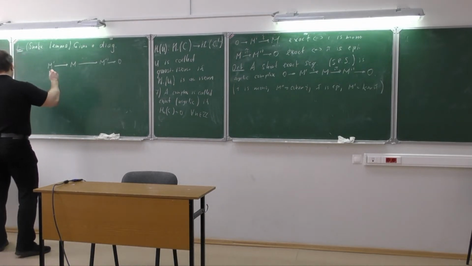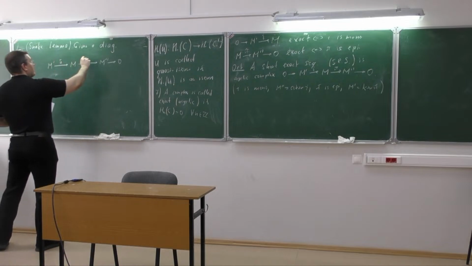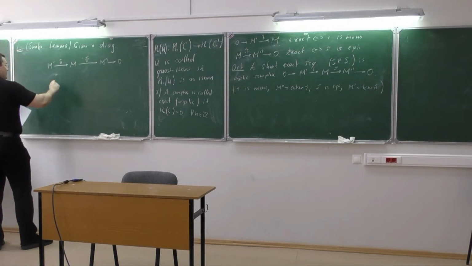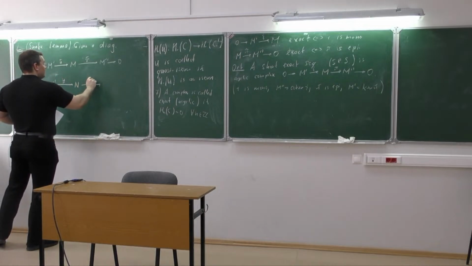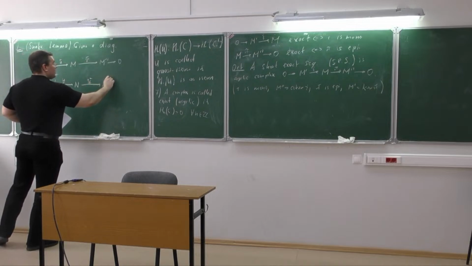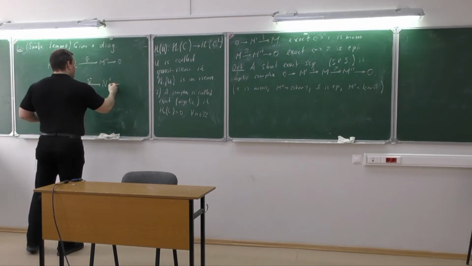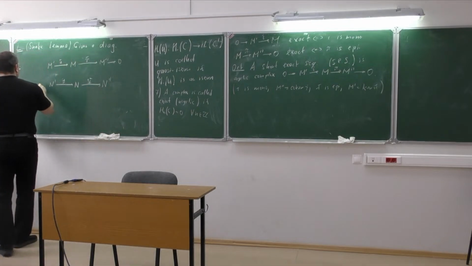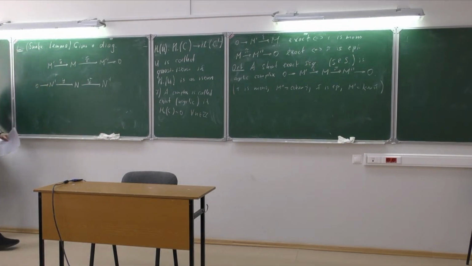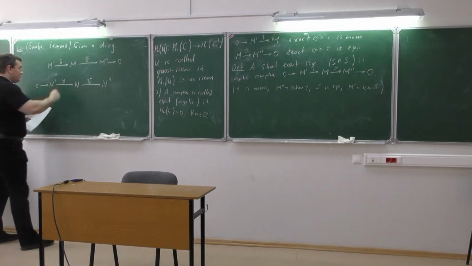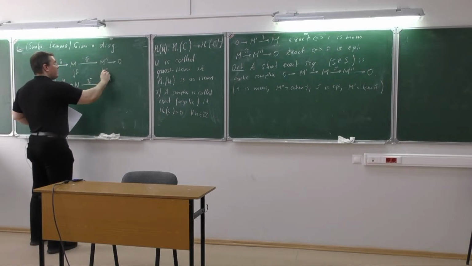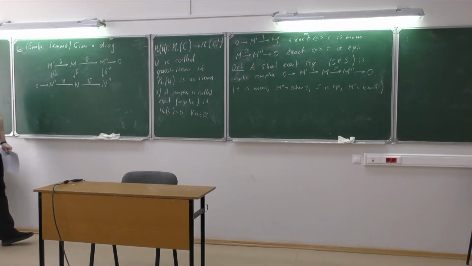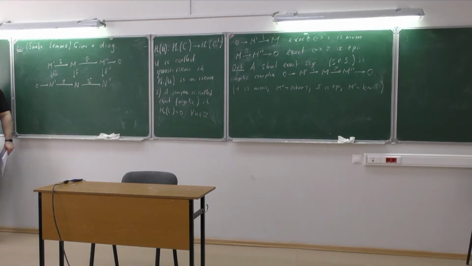And so let me call the maps, maybe, u with the upper bar and v with the upper bar, and then another sequence like this. But now I don't want to require exactness on the right, only on the left. And there are maps. So this is map f prime, map f, and map f double prime. So this is what is given to me.